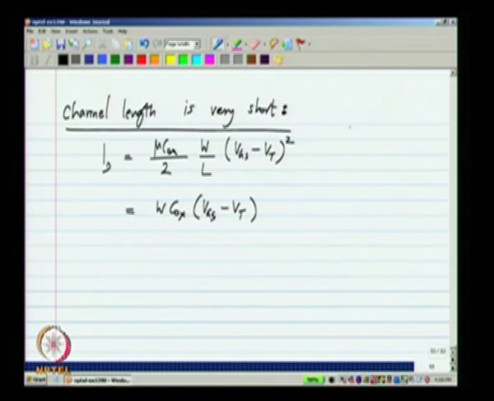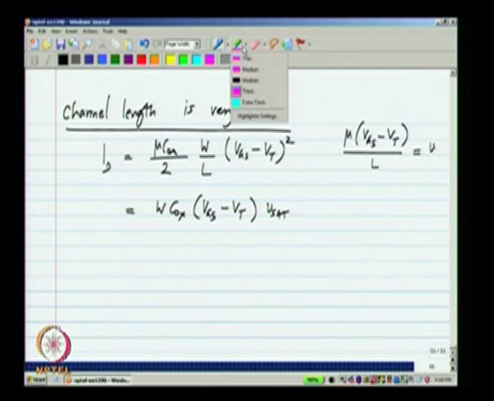So, the velocity saturated current is given by something proportional to Vgs minus Vt and the saturation velocity of the carriers.